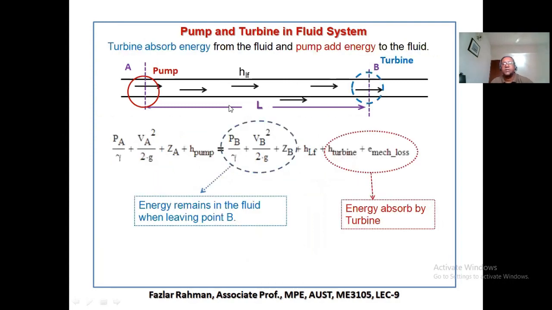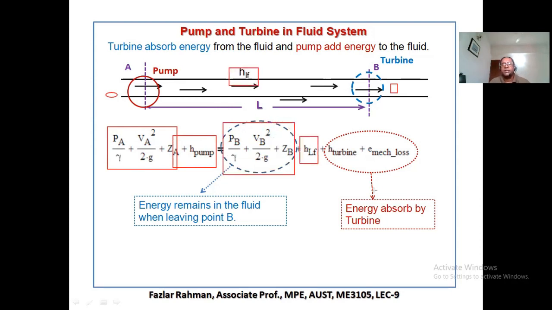Similarly, if you have a pump and turbine both in the system, then how can we write down the Bernoulli's equation? So right over here we have a pump. Before point A, the energy of the fluid is this, mass entering the pump, and the pump is adding some energy. So with this much energy, the fluid is heading toward point B, and it is leaving right over here with this much energy, and HLF is the frictional loss in the pipe.